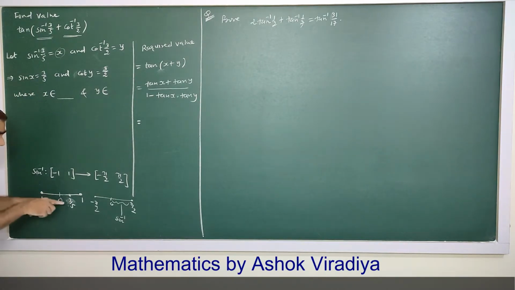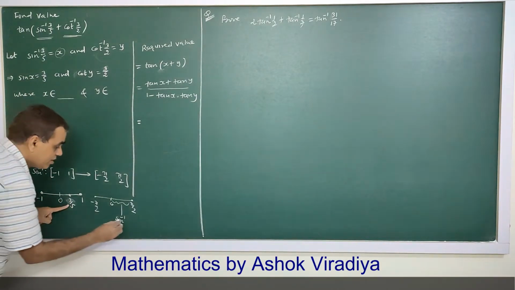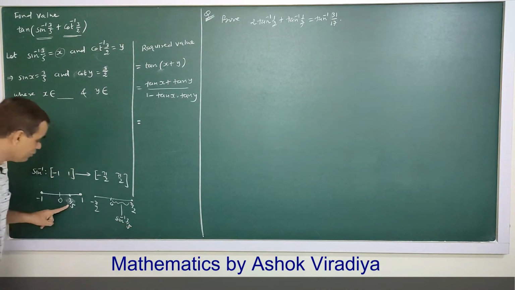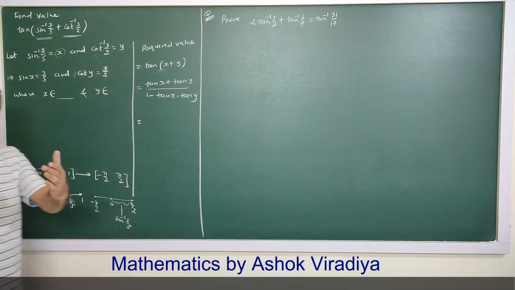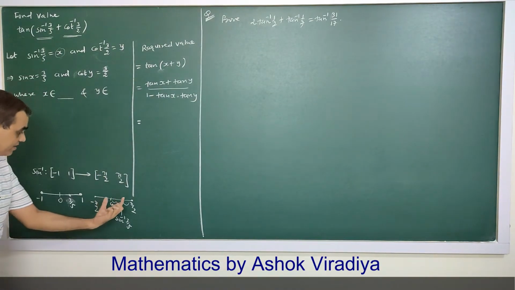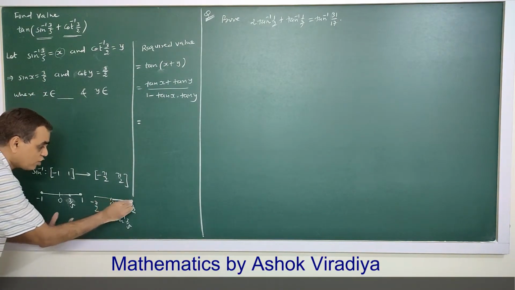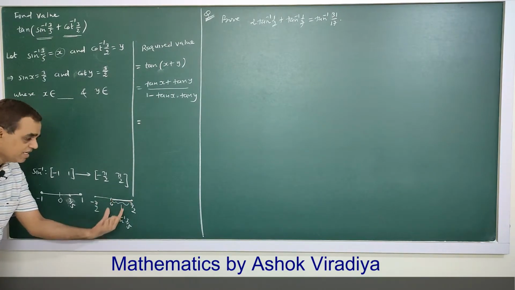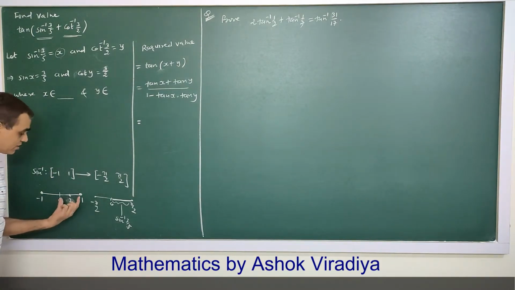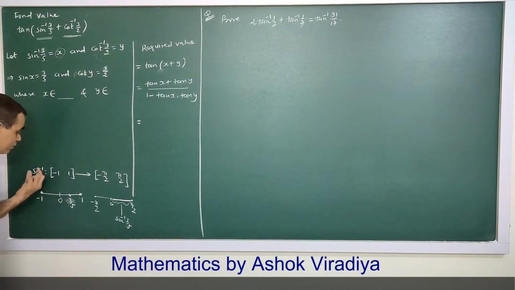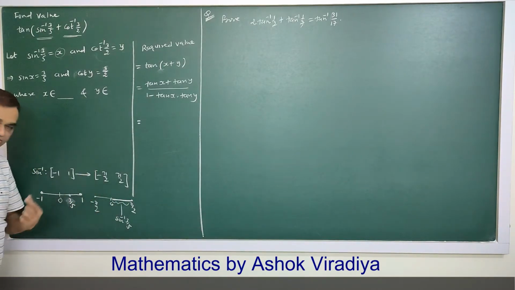So sine inverse 3 by 5 is positive. This covers the first quadrant. In the first quadrant, sine is positive, so sine inverse of a positive is positive.